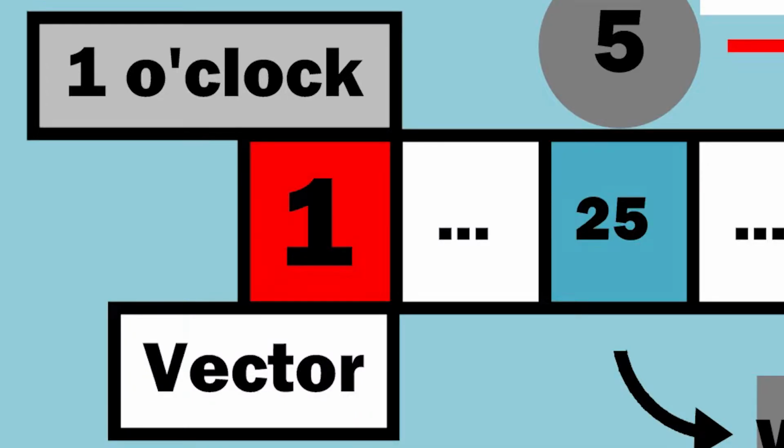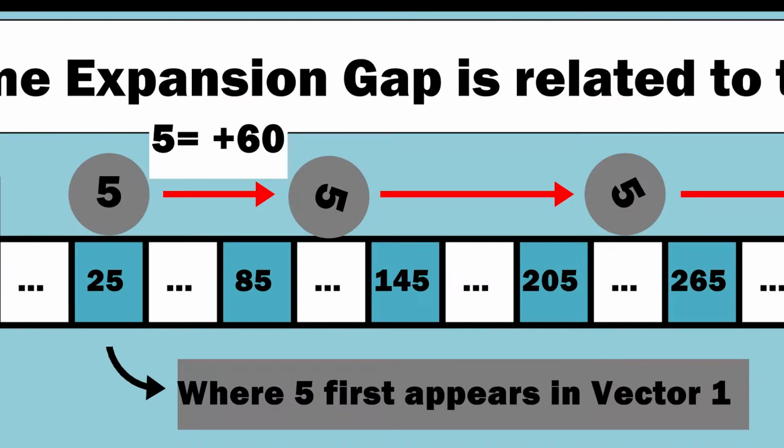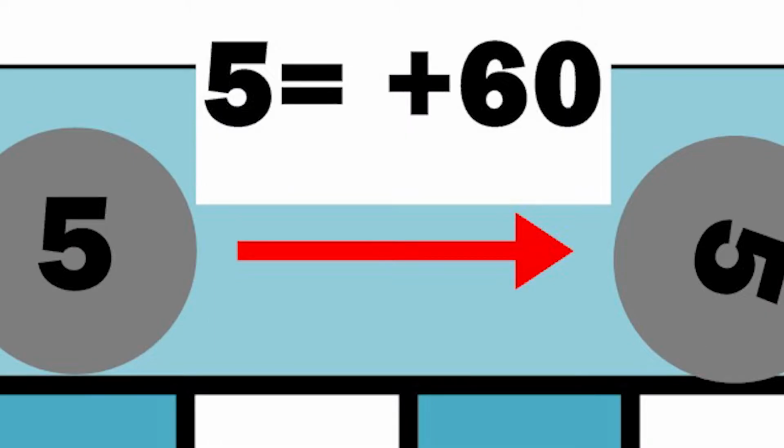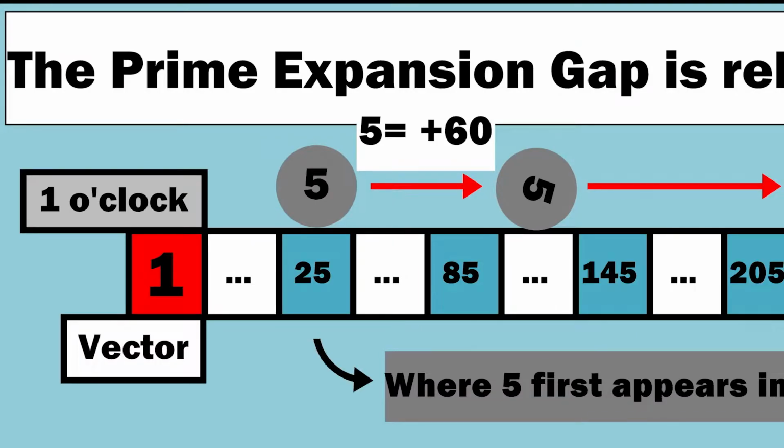At 1 o'clock, which is vector 1, we can move quickly to 25, which is where 5 first appears in vector 1. 5 times 5 is 25. Now 5 times 12 is equal to 60. So the prime expansion gap for the prime number 5 is equal to plus 60. So at 25, we add 60 to arrive at 85.